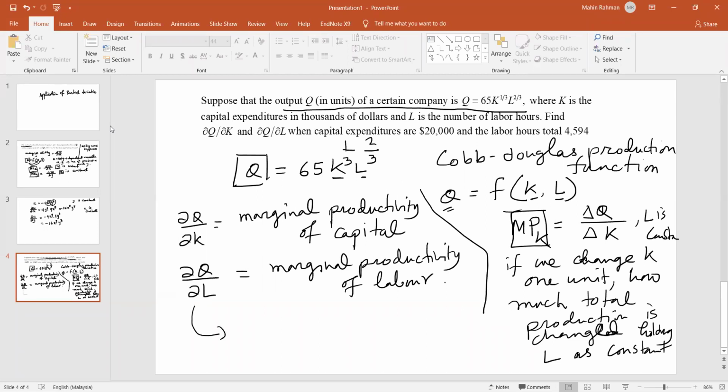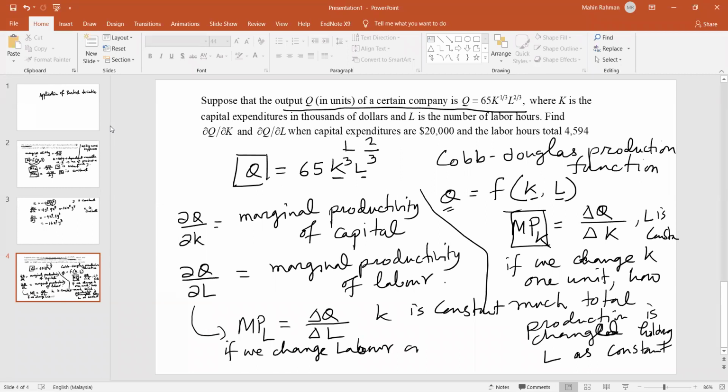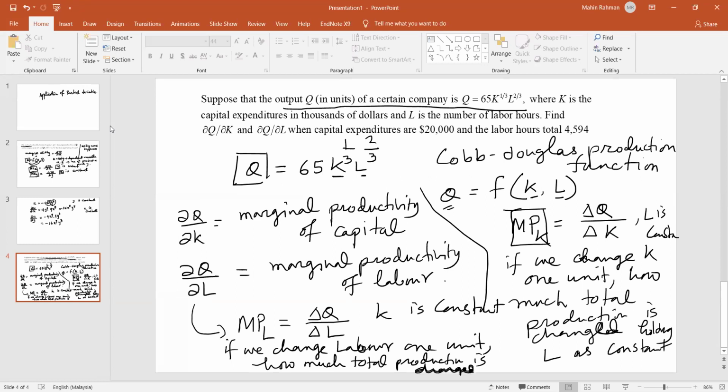Similarly, this one, delta Q by delta L, we call it marginal productivity of labor. That is change in total production divided by change in labor. But here K is constant. So what is this one? This is called, if we change labor 1 unit, how much total production is changed, holding K as constant.